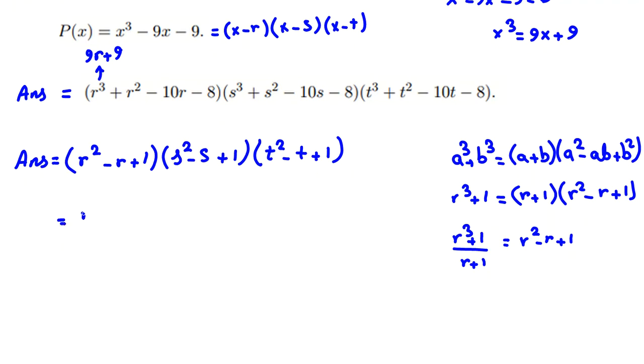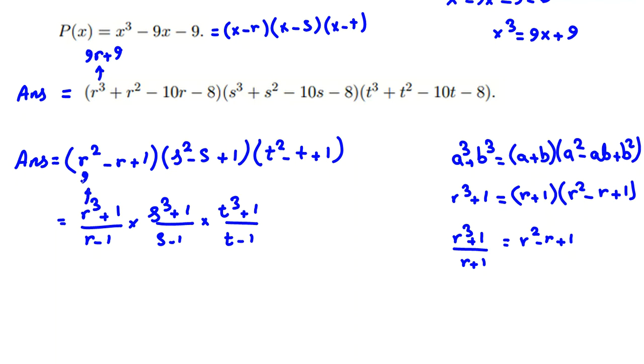So we can say it's r cubed plus 1 over r plus 1, times s cubed plus 1 over s plus 1, times t cubed plus 1 over t plus 1. Again, because we said r cubed is 9r plus 9, we get 9r plus 9 plus 1, which is 9r plus 10.